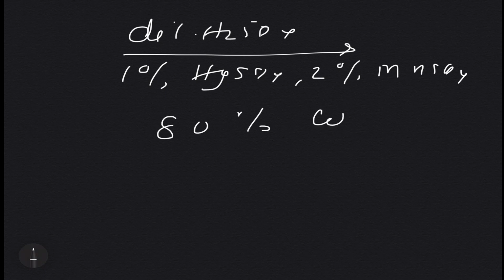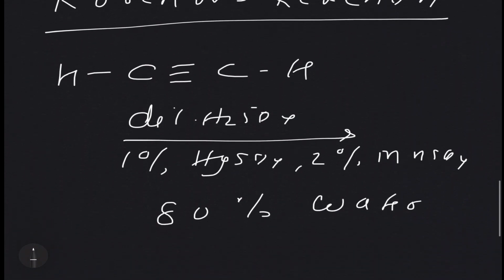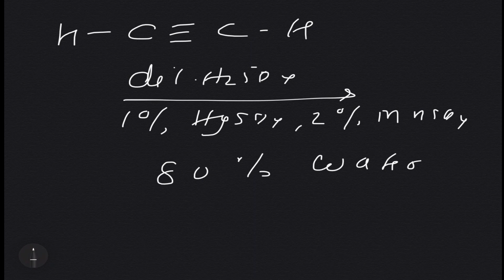Students, this is called Kucherov's reagent. Dilute H2SO4 containing 1% HgSO4, 2% MnSO4, 80% water is called Kucherov's reagent.